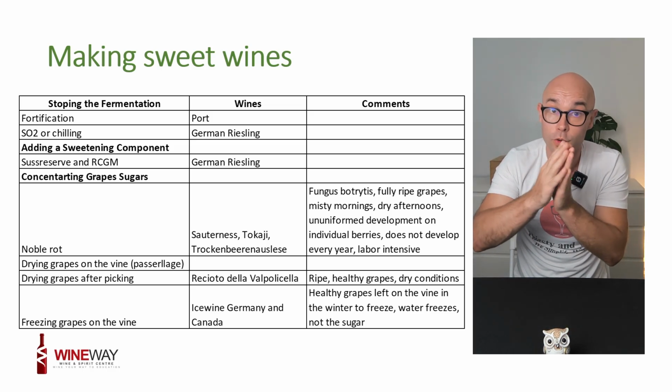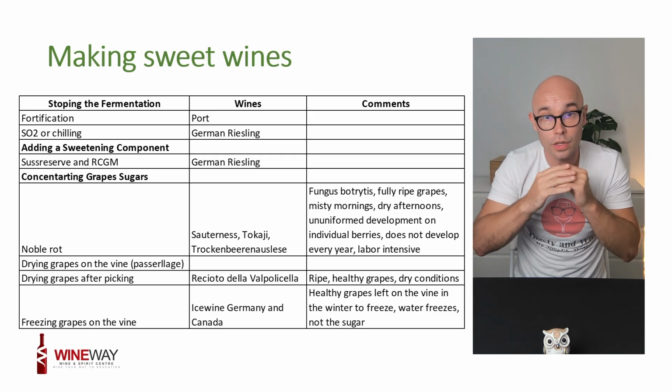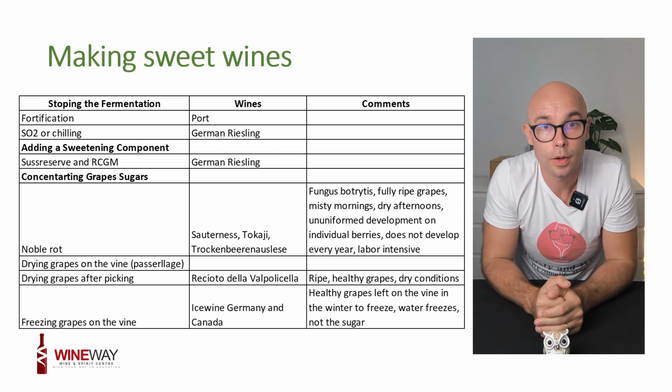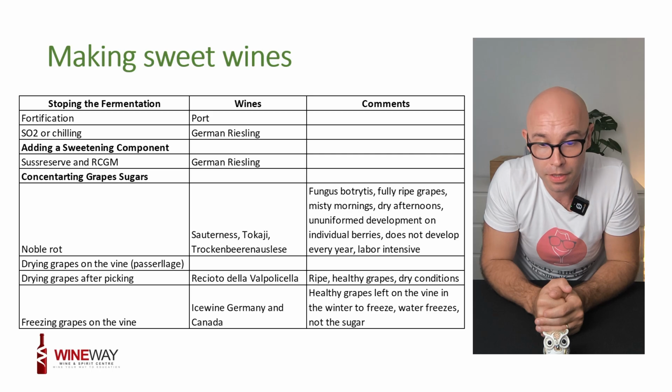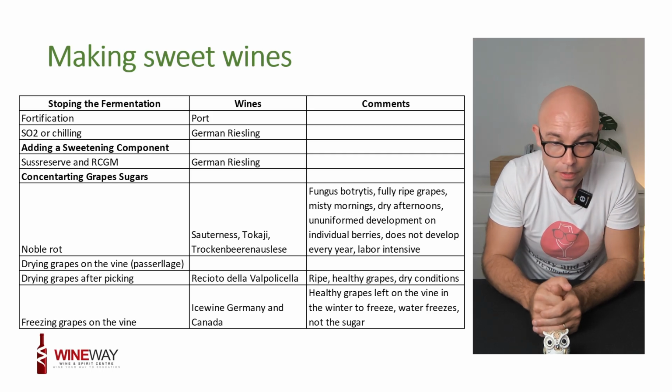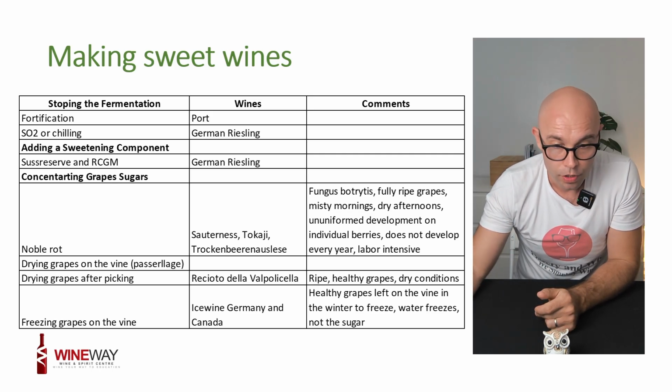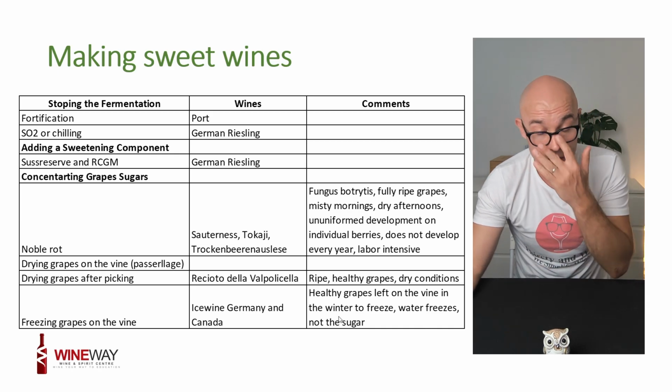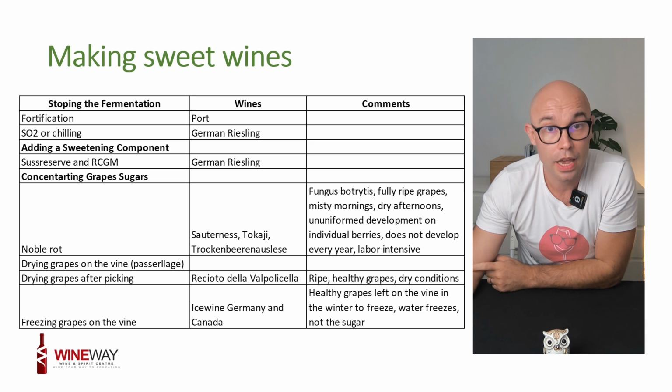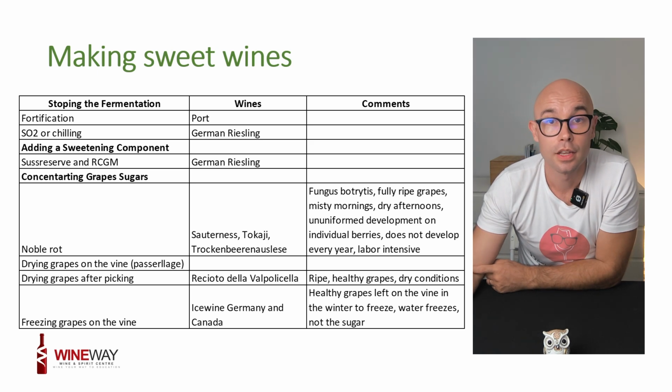The water that is frozen will stay on the press, and only the pure juice will go inside the fermentation tank, not the sugar. So water freezes, sugar does not freeze, and because the grapes are highly concentrated, you're gonna have a sweet wine because the yeast will not be able to ferment all the sugar.